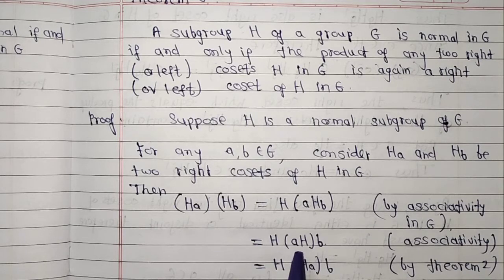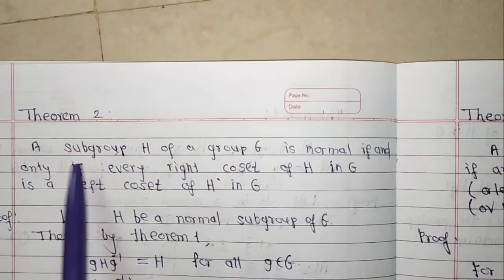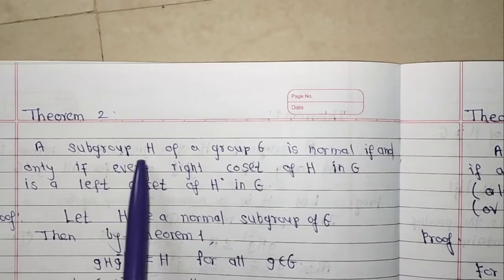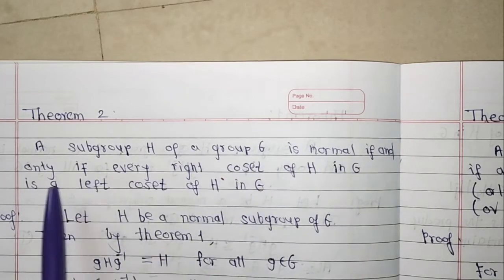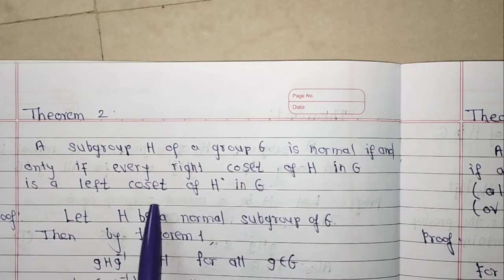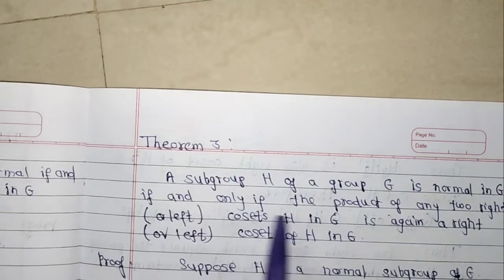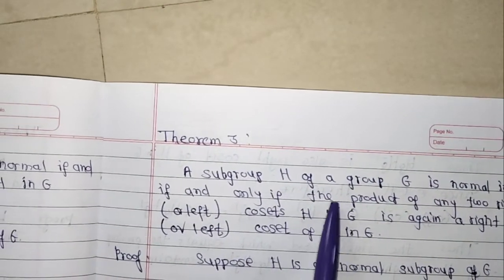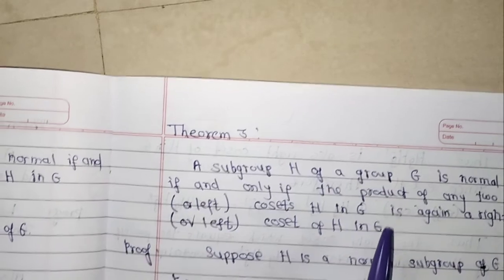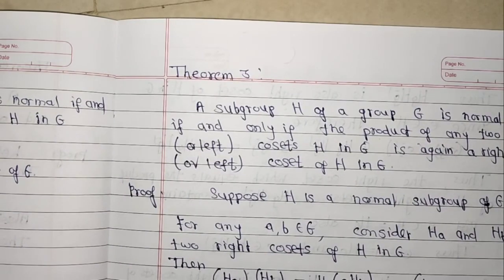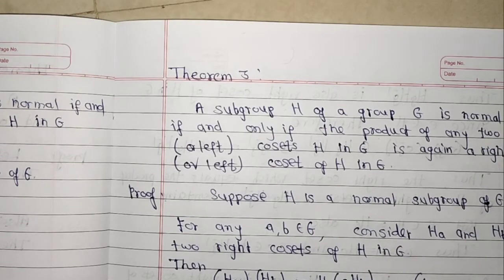Since, by theorem 2, a subgroup H of a group G is normal if and only if every right coset of H in G is a left coset of H in G, that means Ha equals aH.